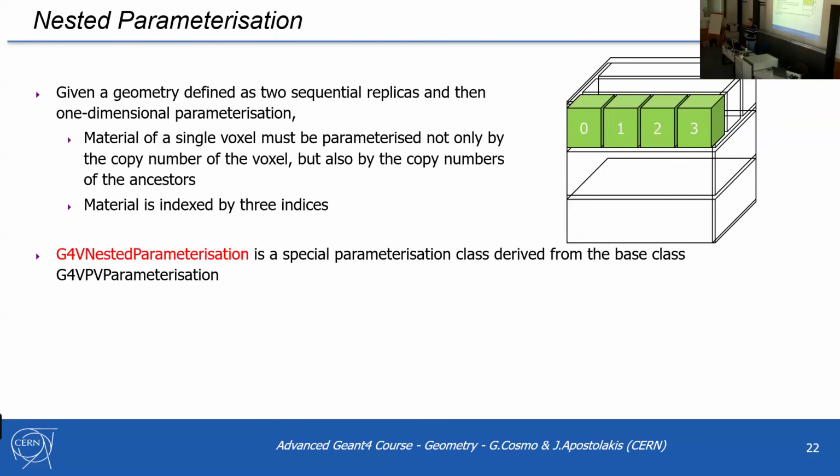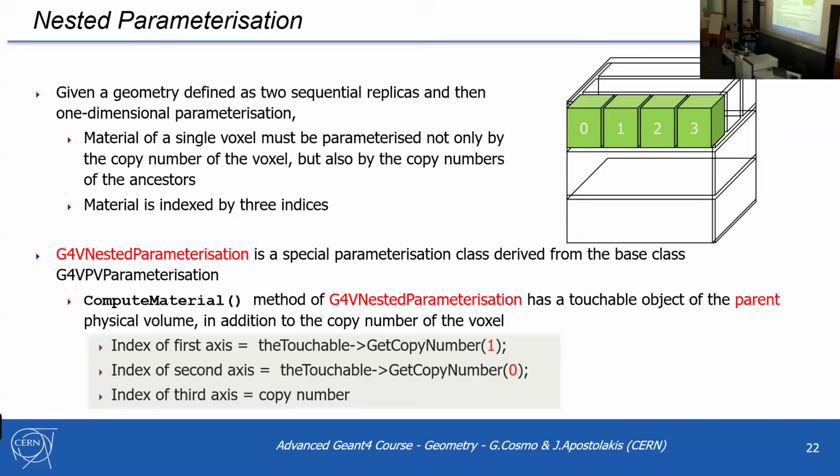So the class G4VNestedParameterisation is a special parameterization class that derives from G4VPVParameterisation and is specialized on this kind of construct because it provides you a method that you will have to implement, ComputeMaterial, which provides as a pointer access to the touchable object of the parent physical volume.